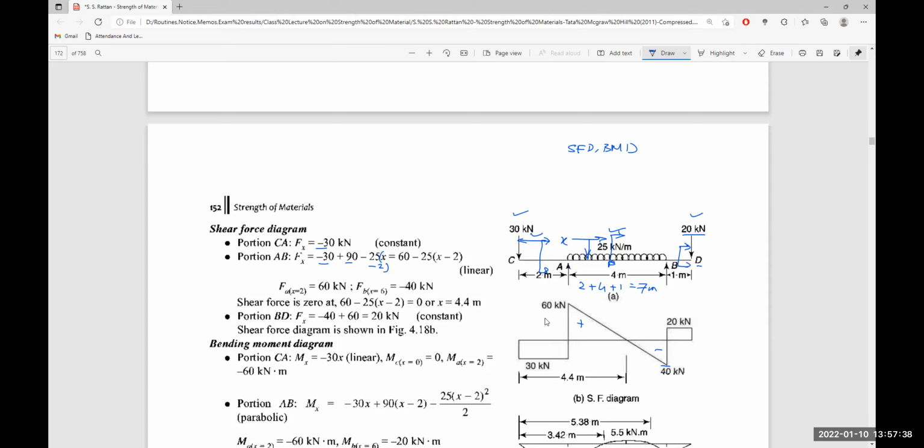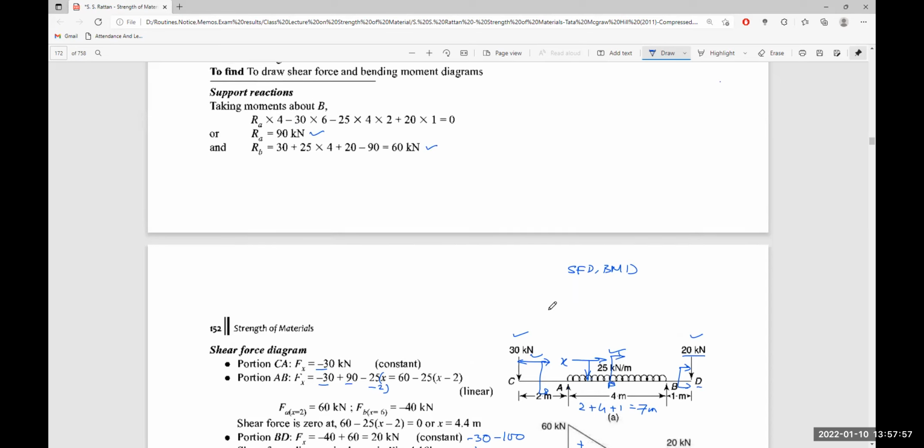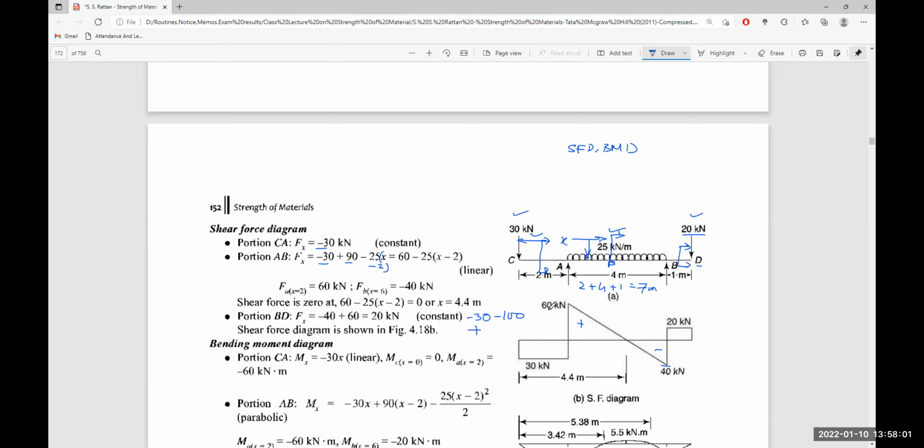So it is minus 30 minus 100 plus RA 90 plus RB 60.